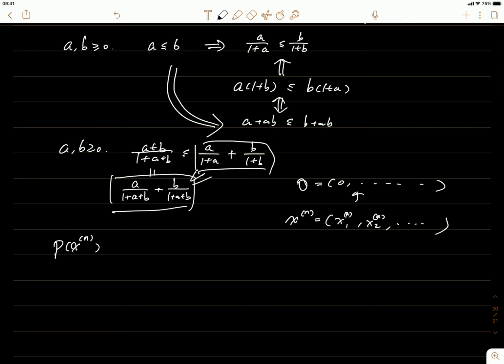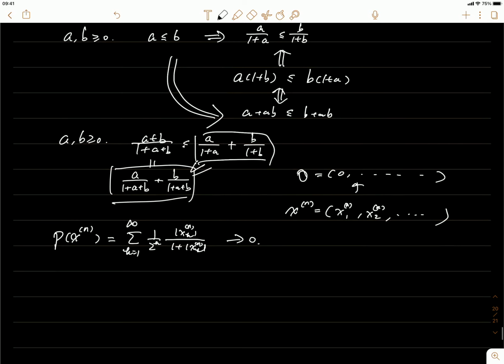So what this means is this sum, of xnk over 1 plus xnk, where k is from 1 to infinity, goes to 0. I want to show that when I multiply this sequence by a constant a, it still goes to 0.